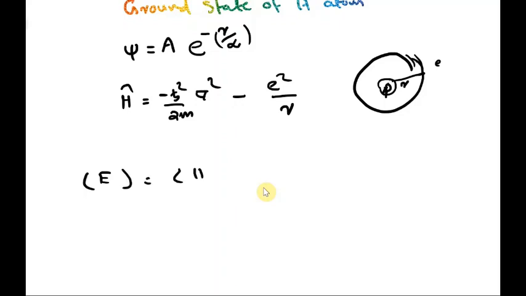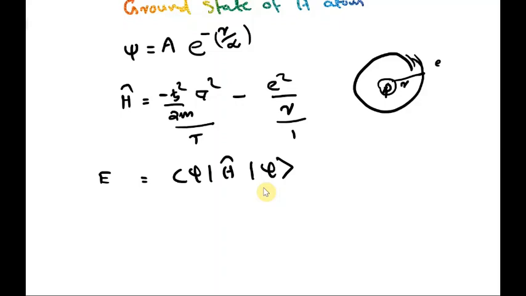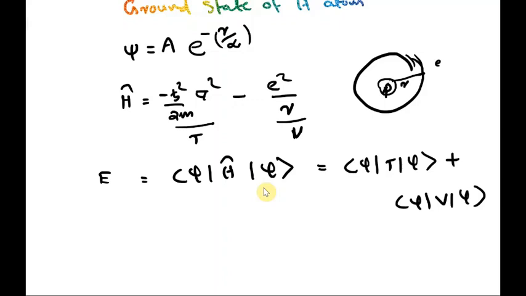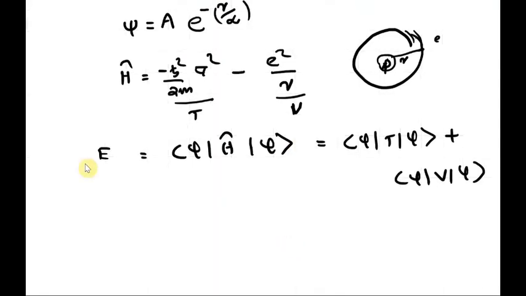E is nothing but the expectation value of psi H cap psi, and I can refer to this quantity as the kinetic energy component, and this is the potential energy V. So this can be split into two terms, psi T psi plus psi V psi, or just the expectation value of T and the expectation value of V. This is actually a function of our adjustable parameter alpha.